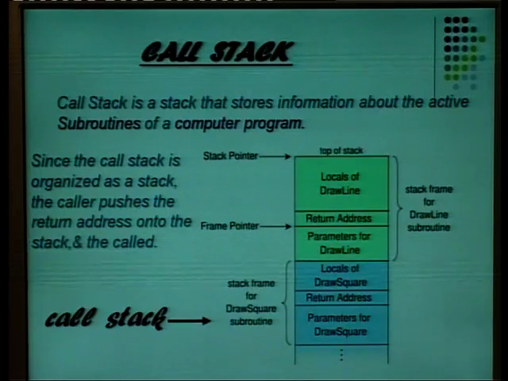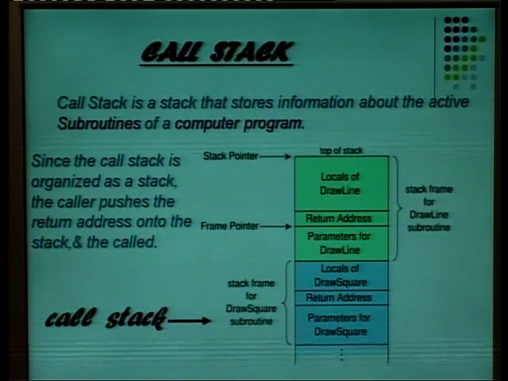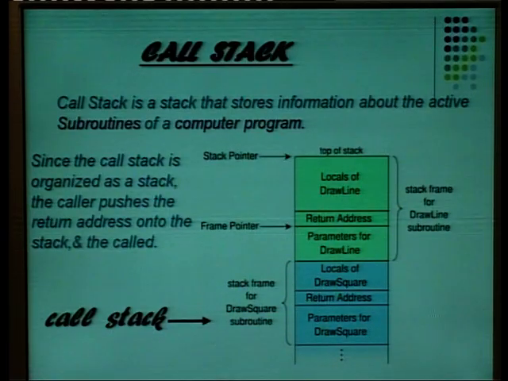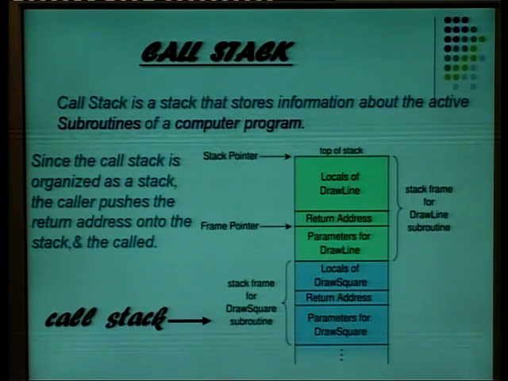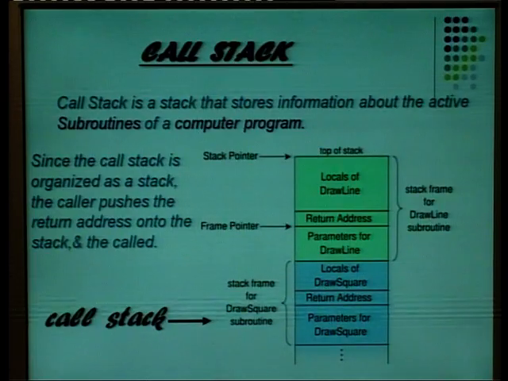Next is call stack. Call stack is a stack that stores information about the active subroutines of a computer program. Since the call stack is organized as a stack, the caller pushes the return address onto the stack. This is the diagram for the call stack.